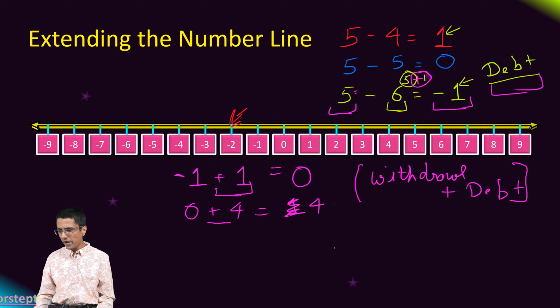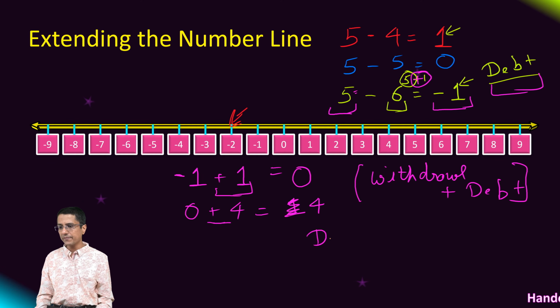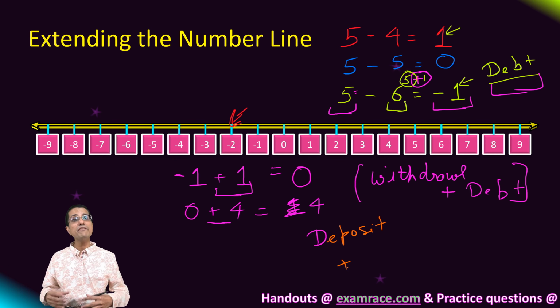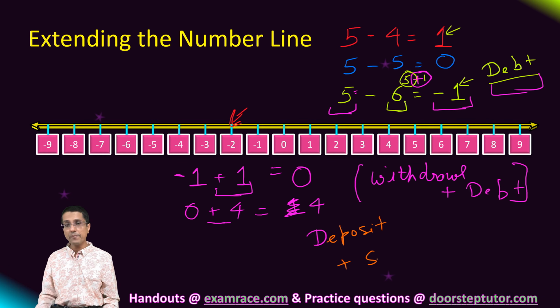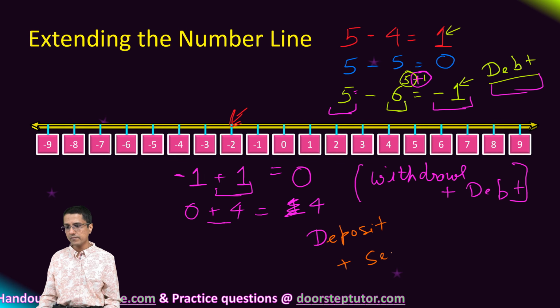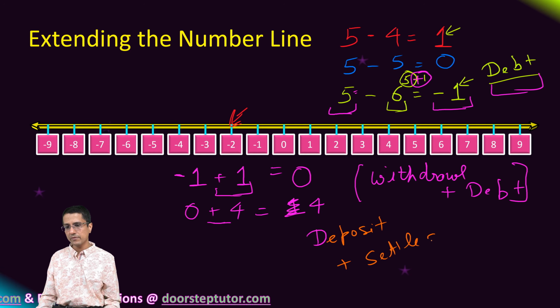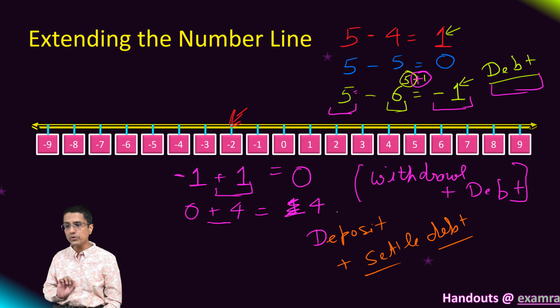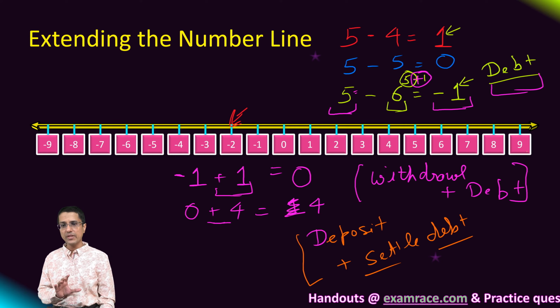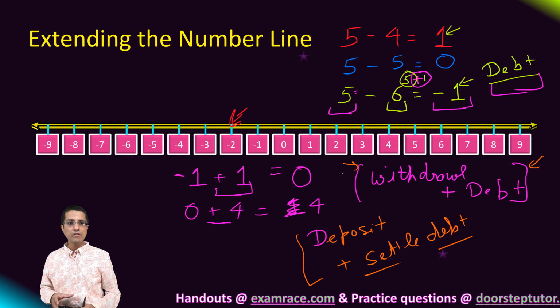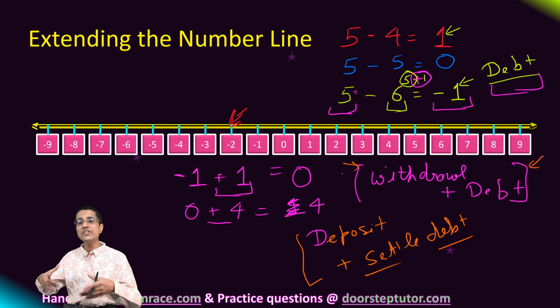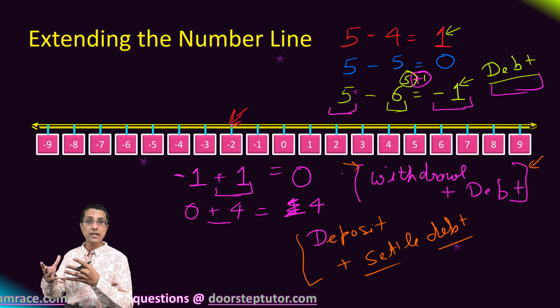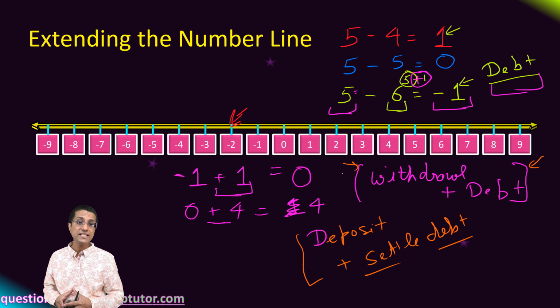So now at this point, we say that both depositing money into my bank account, or settling my debt, if I'm paying it off, both those operations are really equivalent and they increase the balance in my bank account. So those two operations are equivalent. This is the concept that we would use for the rest of this class to really understand addition and subtraction on the set of integers, both positive as well as negative.